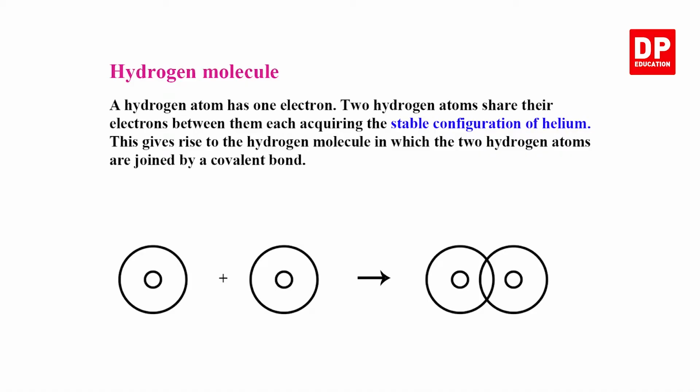So, then we have another example. I already discussed this with you all. Hydrogen molecule. A hydrogen atom has 1 electron. 2 hydrogen atoms share their electrons between them, each acquiring the stable electronic configuration of helium.